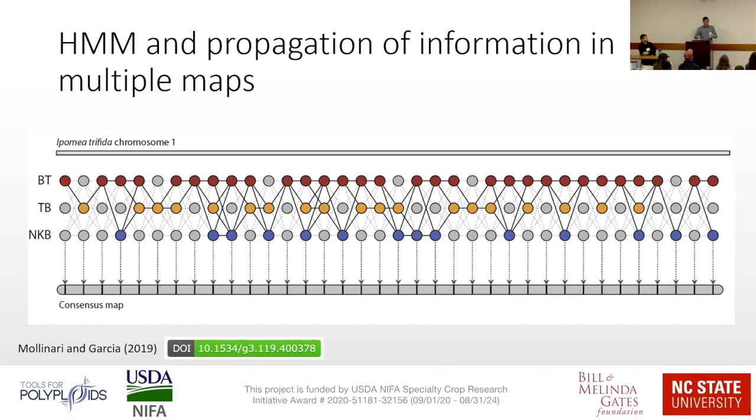We are going to estimate the haplotypes, or the probability of the haplotypes, in the F1 population using all individuals, the 700 individuals together. Instead of just using 200 individuals for NKB, we have meiosis from other populations helping to build those haplotypes.